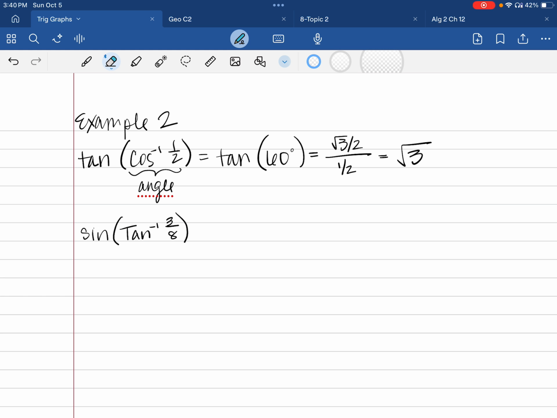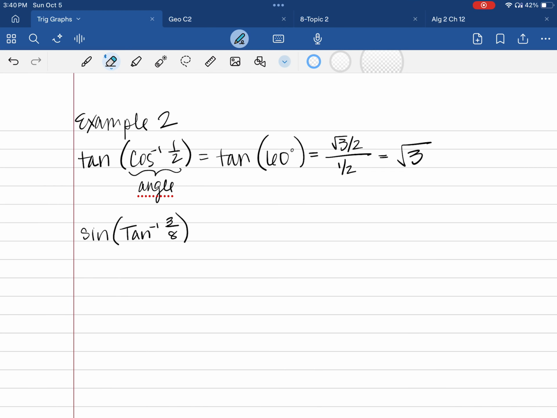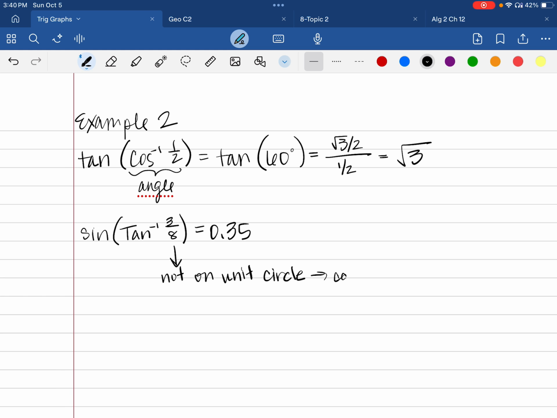So we would go in and just type in sine of inverse tangent of 3/8, and we get about 0.35. Okay, when this value is not on the unit circle, then default to using the calculator.